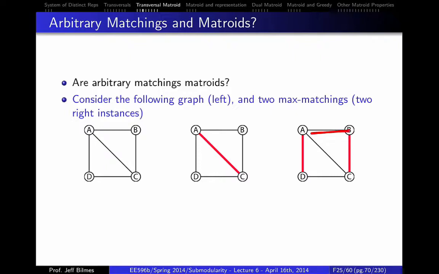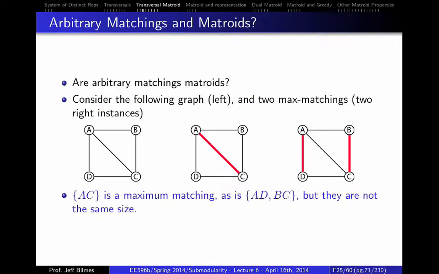No, because if we add this edge, or this edge, or this edge, it's no longer a matching. However, we've got two maximal matchings which are different sizes. Therefore, matchings in general graphs are not matroids, but matchings in bipartite graphs are matroids, transversals in fact. So when you want to remember what a transversal matroid is, it's very easy. Just think of it as the matchings in a bipartite graph.